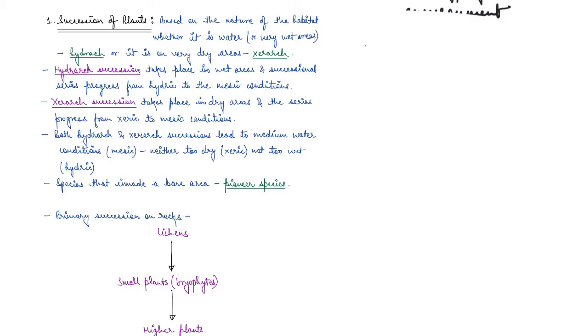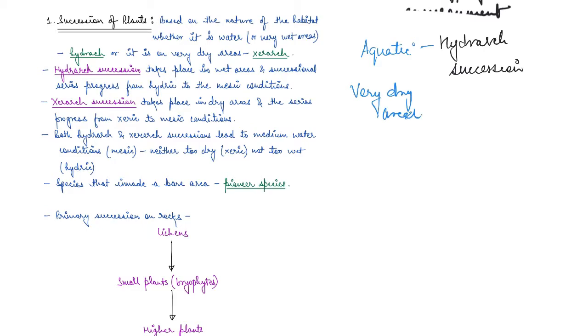And if it is a very dry area, a terrestrial but a very dry area, it is known as Xerarch succession.